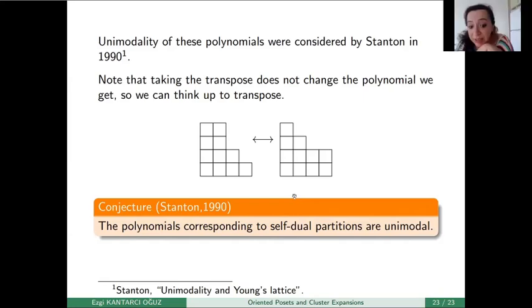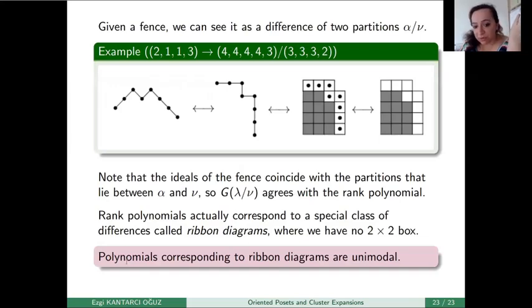No, this conjecture gives a classification, but it is not very strict, because you get a lot of non-self-dual unimodal cases as well. One result of our work with Mohan was that we were able to show polynomials corresponding to ribbon diagrams are unimodal.